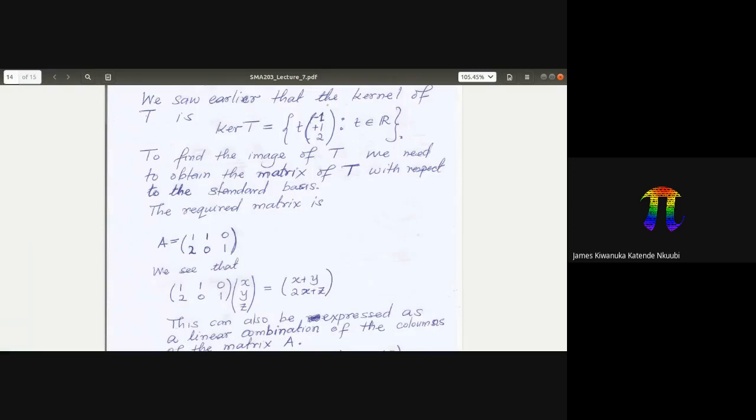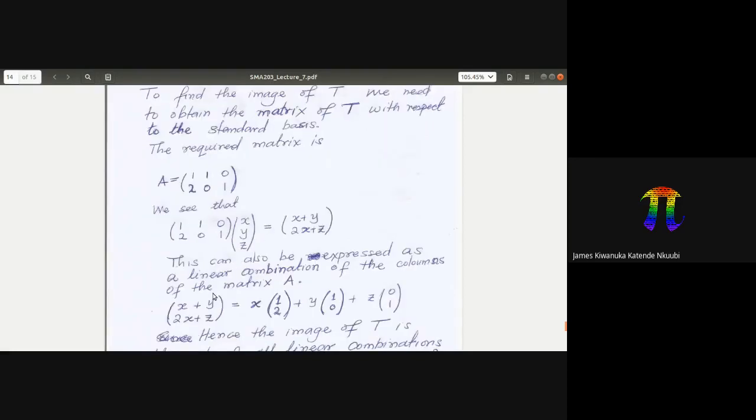No. Okay, so this is the matrix. Now, anytime you want to work out the transformation, you can replace it with this matrix, so that this matrix multiplied by this vector will give you an element in the image.